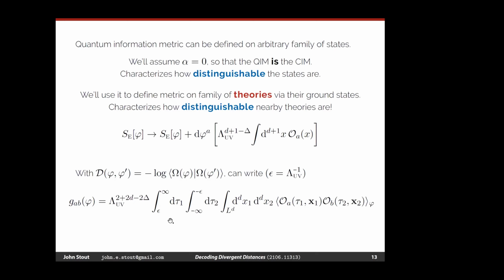So this is kind of representing the fact that I'm computing the ground state of one, but with a small fluctuation in the operator that I'm perturbing the theory by, and then I need to sandwich it with another state.